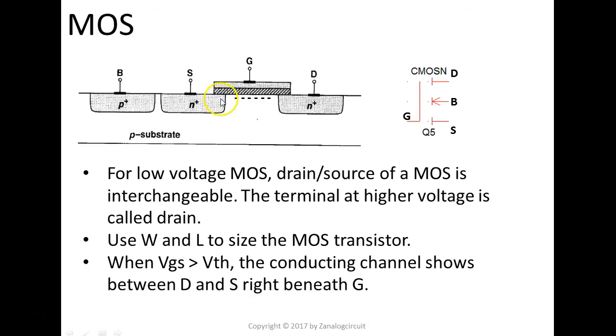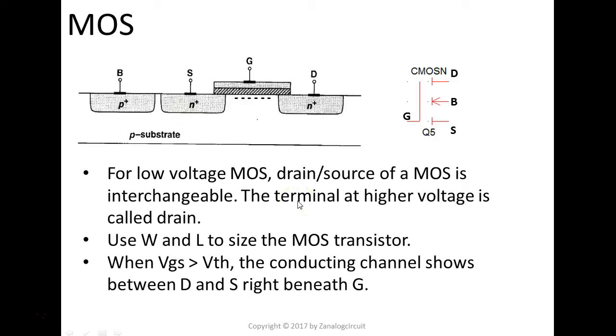Drain and source are both N plus regions, which also have a lot of electrons. So with the electrons attracted beneath the gate, current can now be conducted through the channel.